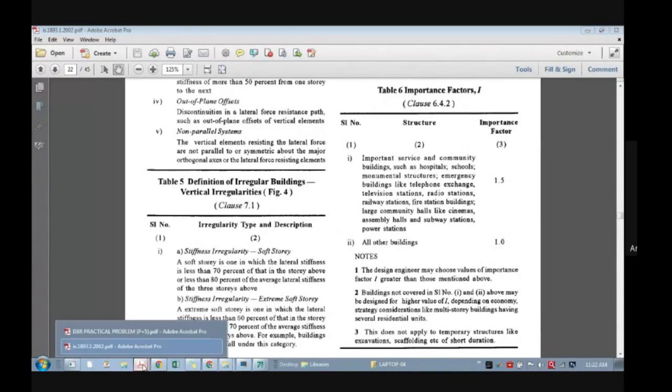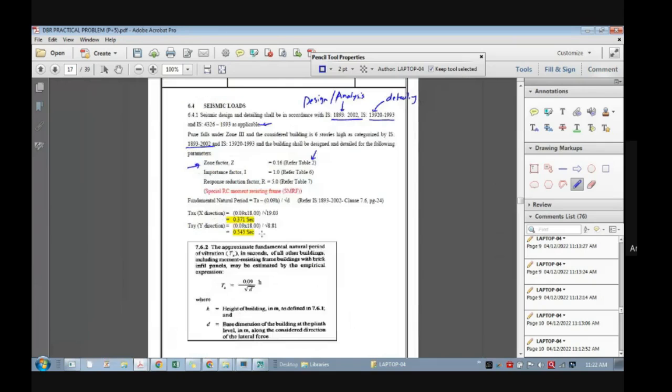The importance of this DBR is, if you are a beginner or new in structural engineering, it will give you a shortcut, or rather not a shortcut, but all the learning is in one document only. So you are learning all the codes in one document.